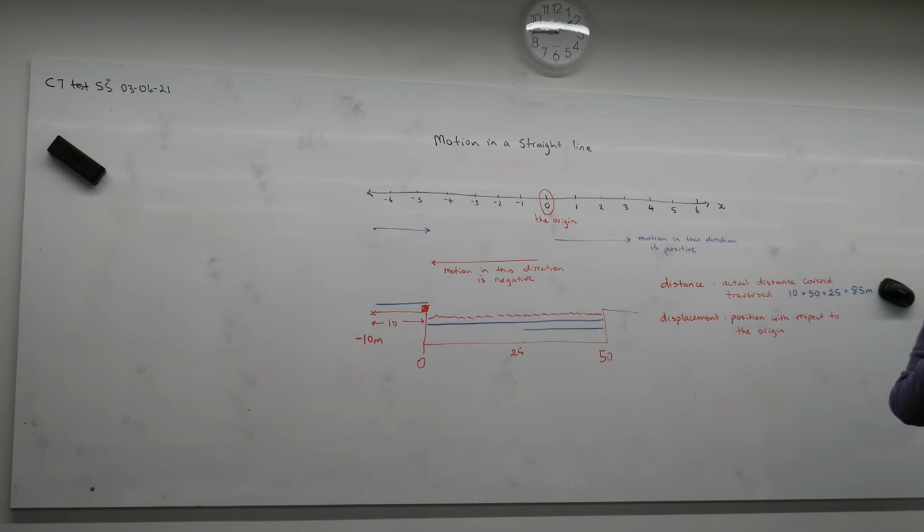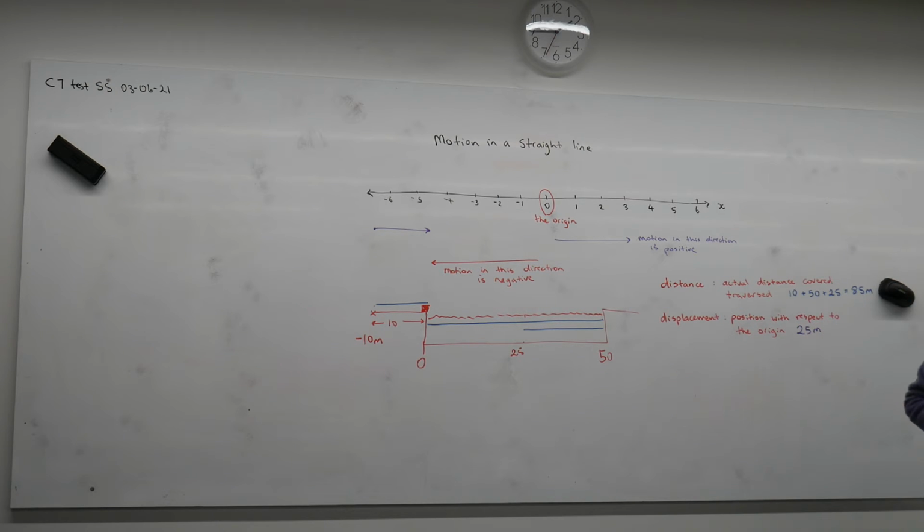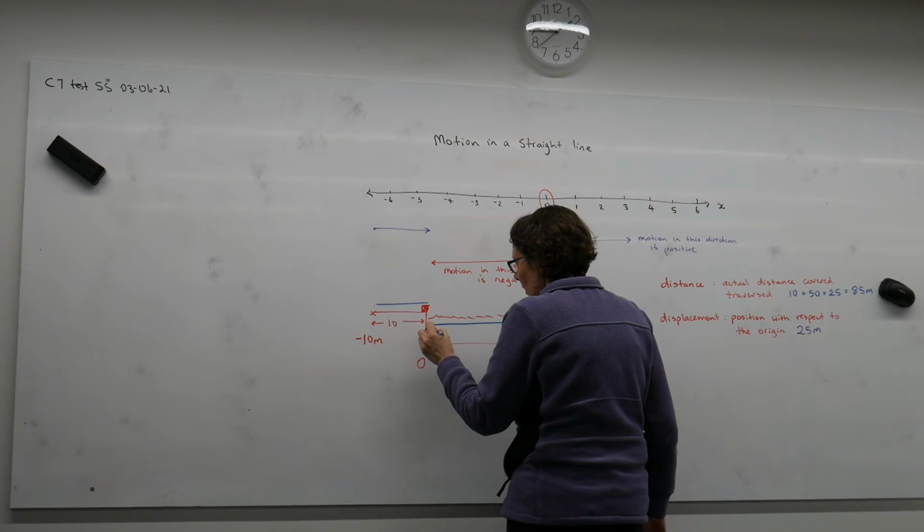It's just measuring your position with respect to the origin. And so in that instance there, yes, her position is 25 metres, because our measurement has to come from here.